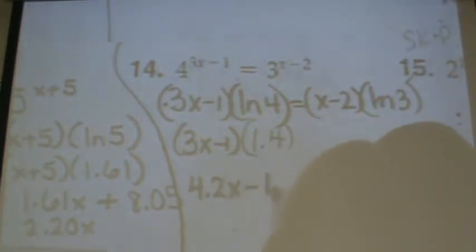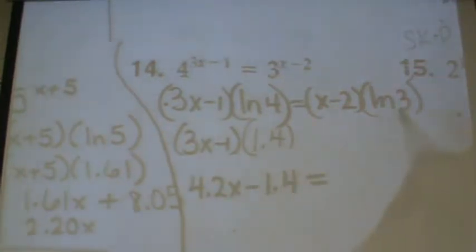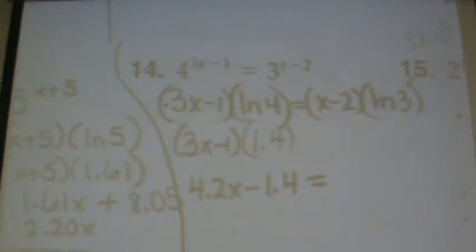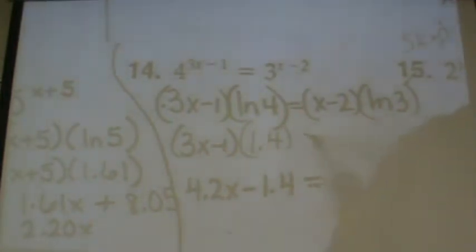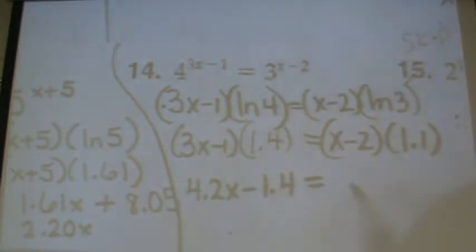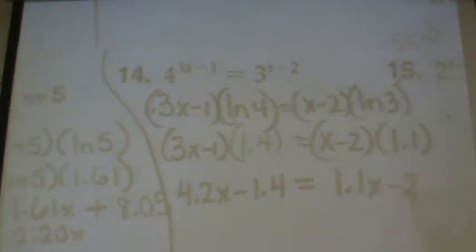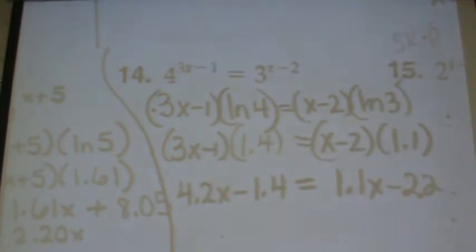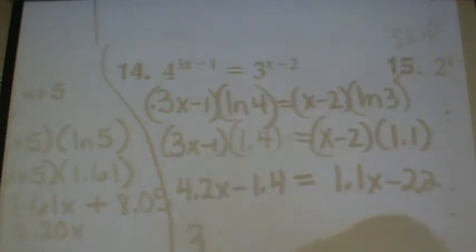Negative 0.23. And then ln 3 is 1.1. So it's 1.1x and then 2 times 1.1 is 2.2. So 4.2 minus 1.1 is 3.1.